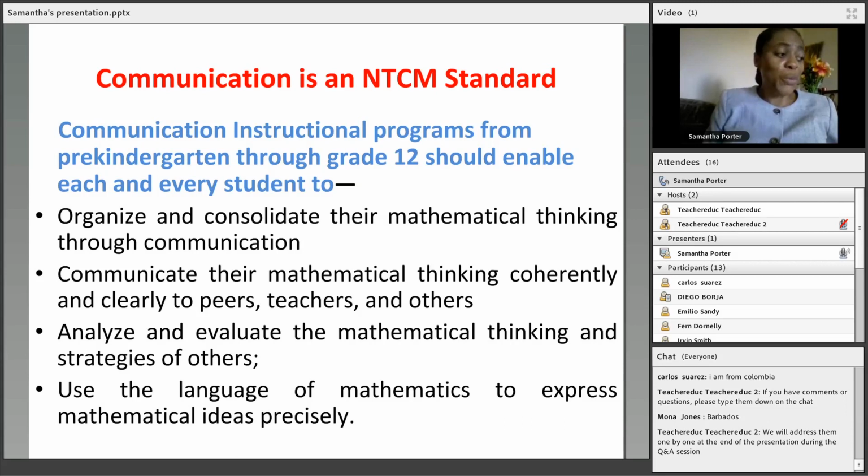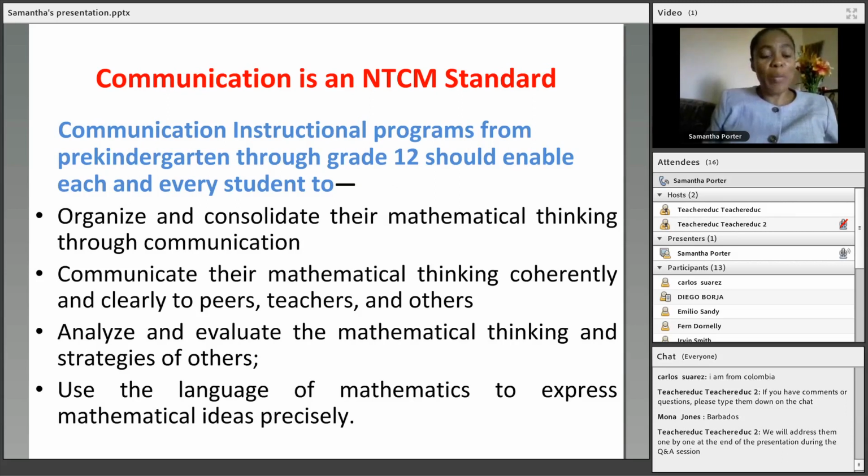The traditional way of teaching should no longer have a dominant part in our classroom, where the teacher talks only or mostly. If we examine this standard, we will see that communication instructional programs must be geared from pre-kindergarten right to grade 12 to enable each child and every child to communicate effectively.